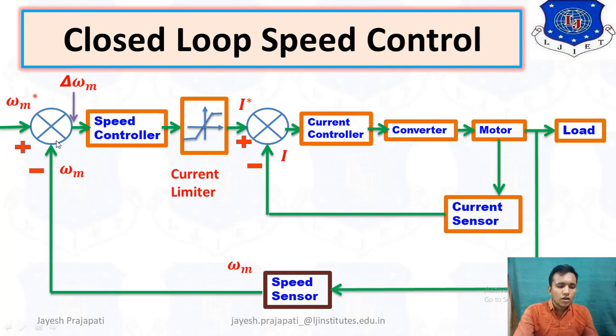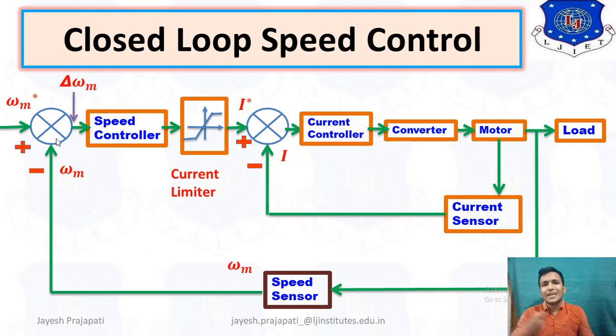The current and speed controllers may consist of PI, proportional integral, or PD, proportional derivative, or PID, proportional integral and derivative controllers, depending on steady state accuracy and transient response requirements.